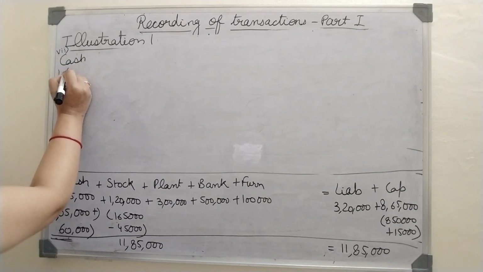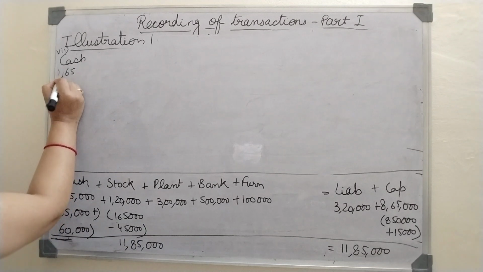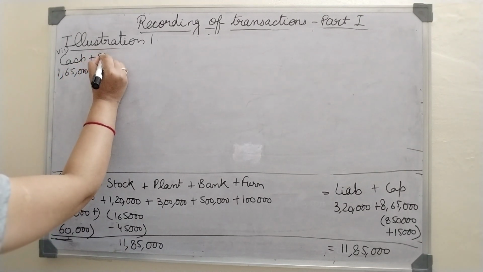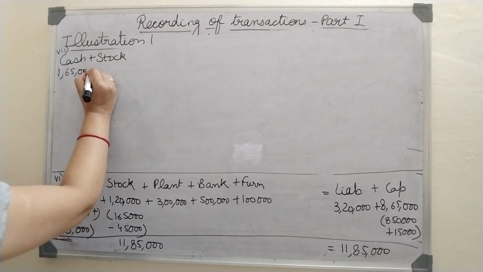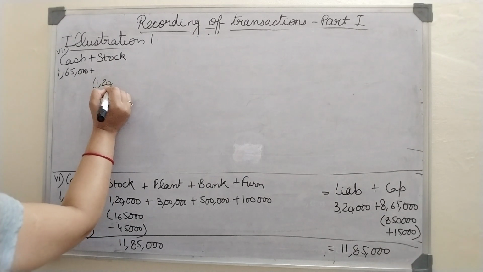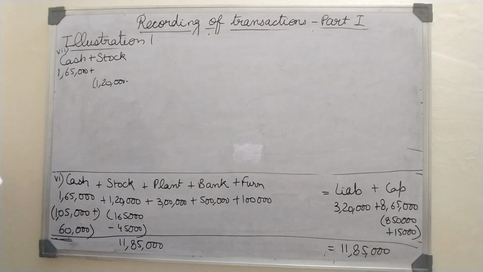Cash will remain the same as 1 lakh, don't get confused, 1,65,000. Stock will be affected. How much stock did I have? 1,20,000. Again I have sold goods costing 80,000, right?